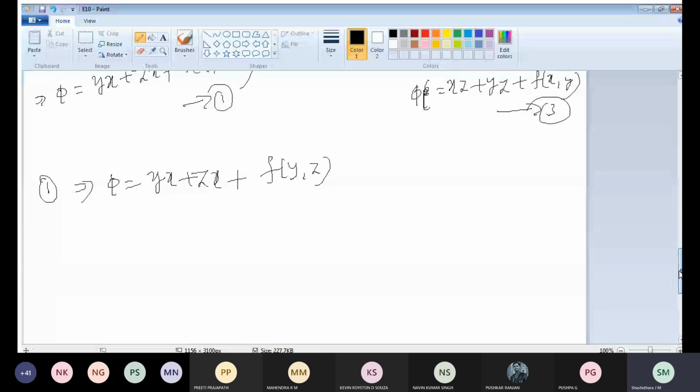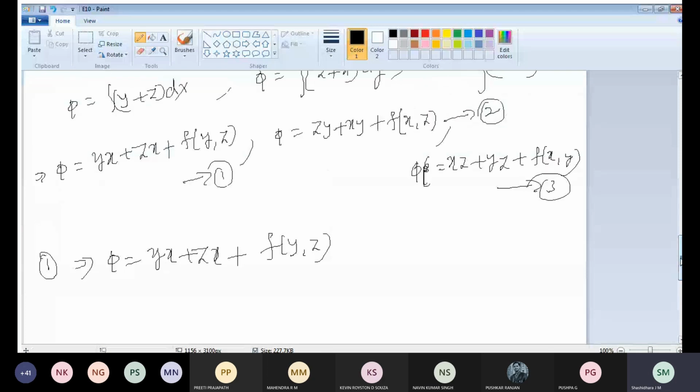Integrating with respect to x means y and z are constants, no? Yes, sir. So in place of c, I have written f of y comma z. Okay, sir, so the c will be in the form of y and z. And f is also a constant. Understood, sir. Similarly for equations 2 and 3 also. Yes, understood. Okay, then what about others?